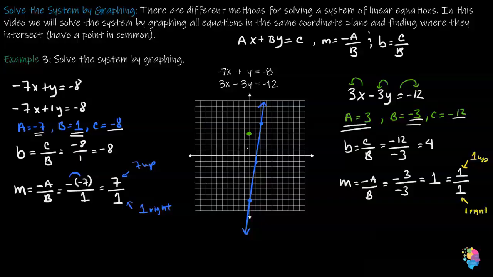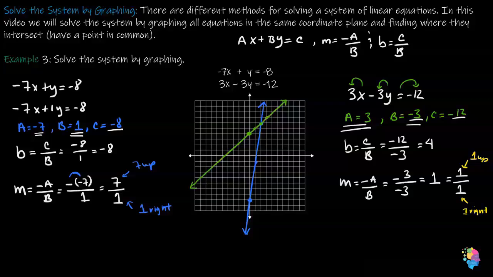So from the y-intercept, we're going to go 1 up and 1 to the right, and then 1 up and 1 to the right, and then 1 up and 1 to the right. And it's really up to you how many points you want to plot. Remember, the more points you plot, the more precise your graph will be. So now that we have the points, let's graph our line.